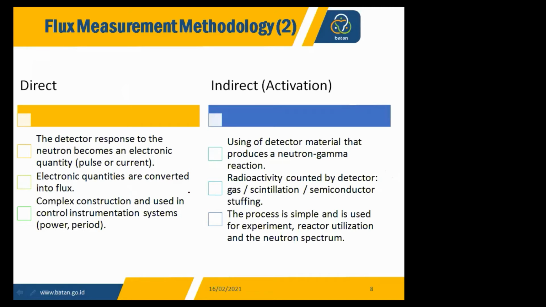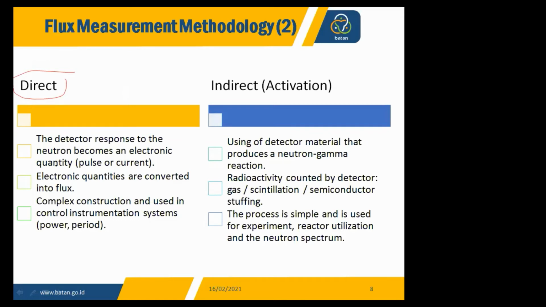Now I will show you the difference between both of them. The differences between the two methodologies for neutron flux measurement can be explained in more detail. In the direct measurement, a neutron detector is used that is based on the neutron interaction response to electronic quantities such as pulse, voltage, or current.